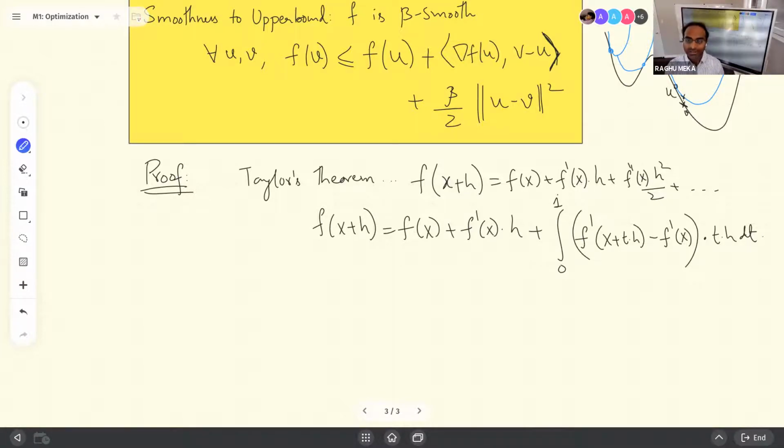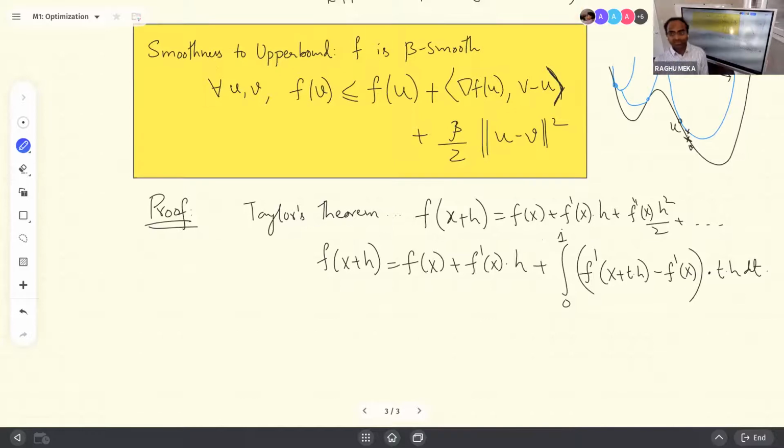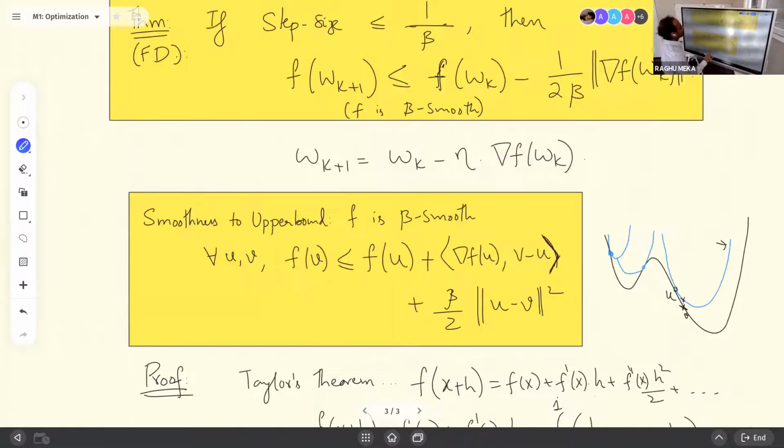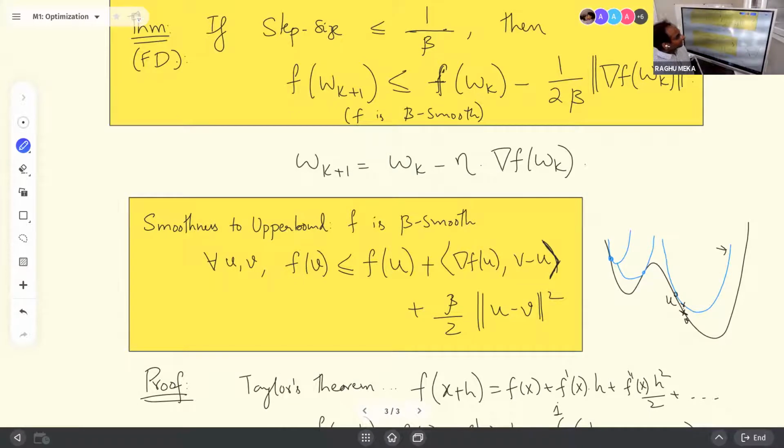But take this statement for granted for now, and in the homework I'll ask you to try and prove this, just because I think it's something that you just play with and figure it out. Okay, any questions about this? About the statement, it's basically giving you a bound on what the parabola is doing, right? And if you go back to this theorem 1, the bound here basically says something like this.